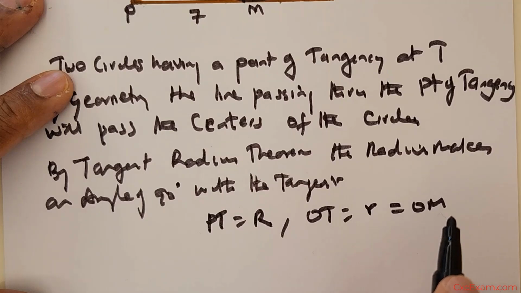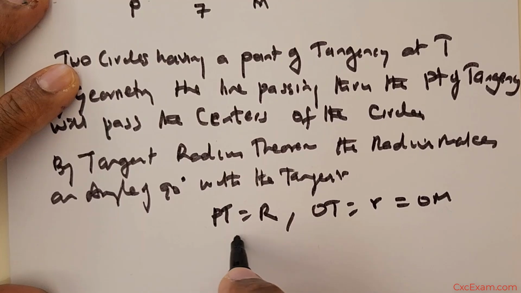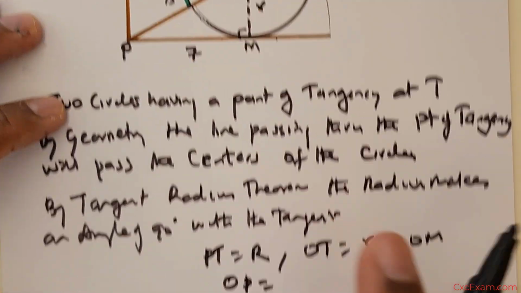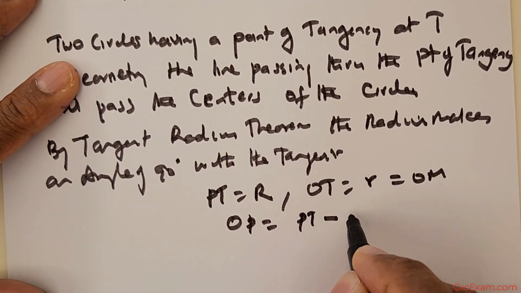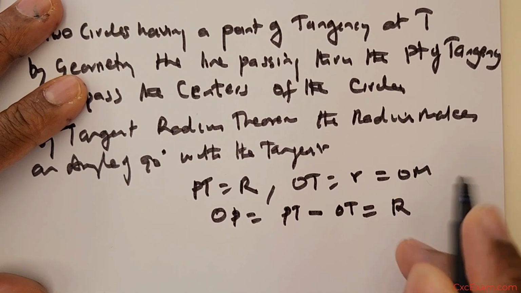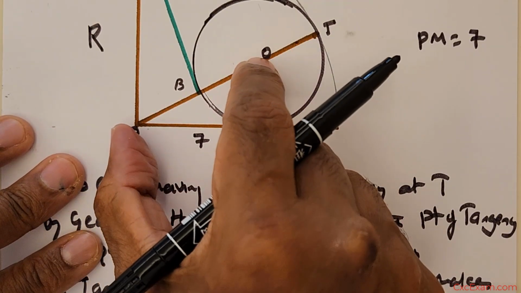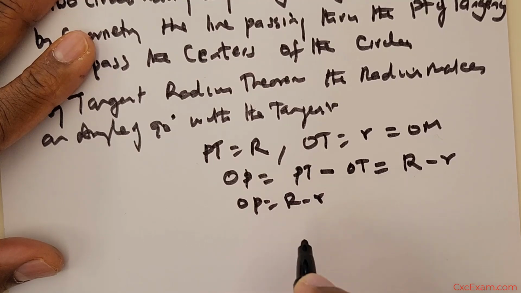Now I want to know the distance of OP. So OP is equal to this distance PT. From PT you subtract OT, so from capital R you take away small r, so this is going to be my OP. So OP is equal to capital R minus small r.